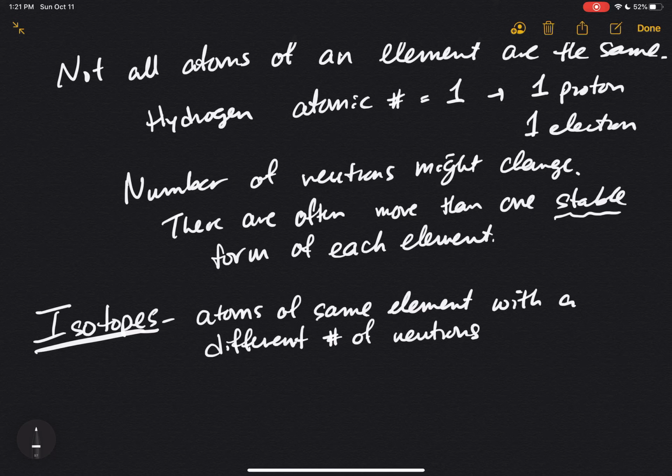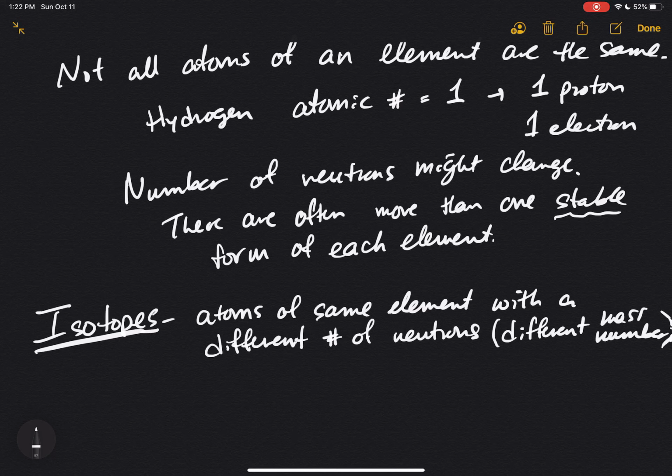So if the number of neutrons changes, but the number of protons doesn't change, then that means they also have a different mass number. So we can use that mass number to help us understand or help us identify which isotope we're looking at. So again, isotopes are atoms of the same element with a different number of neutrons.